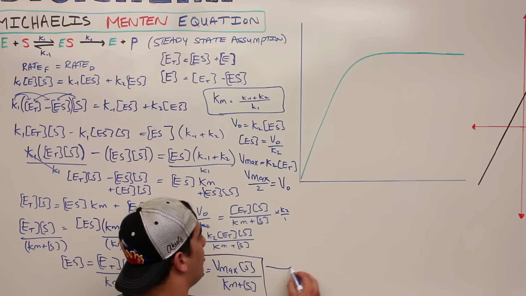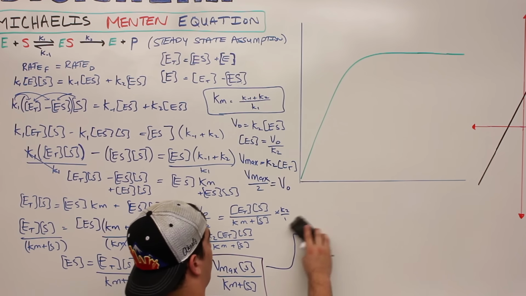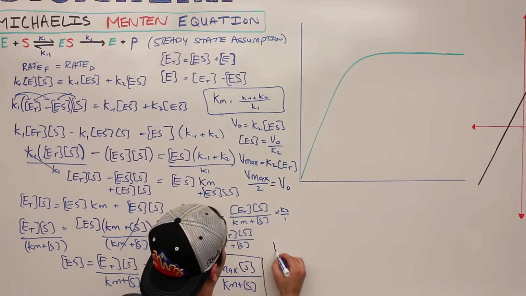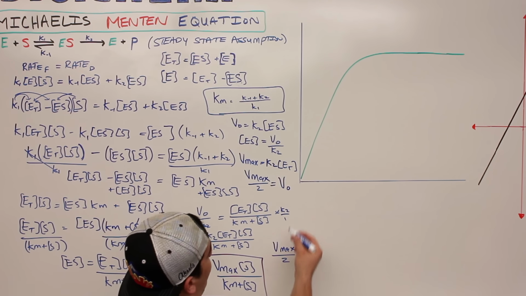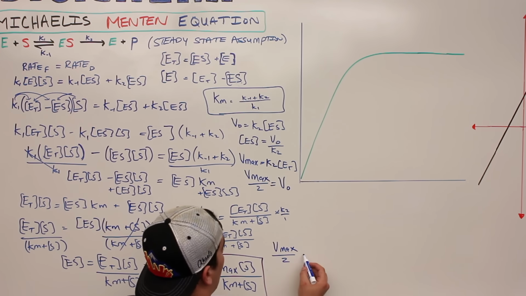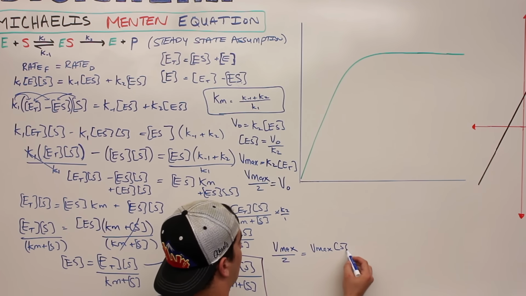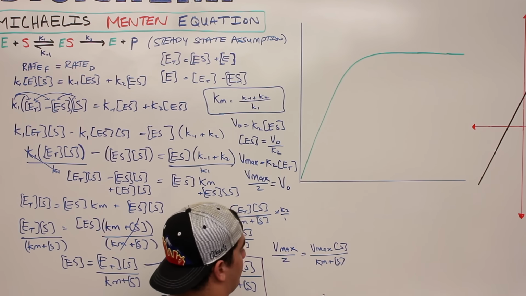So if I come over here, I can say now that Vmax over 2, which is again half Vmax, is equal to that V0 point there. I'm going to make this equal to Vmax times the substrate concentration over Km plus the substrate concentration.